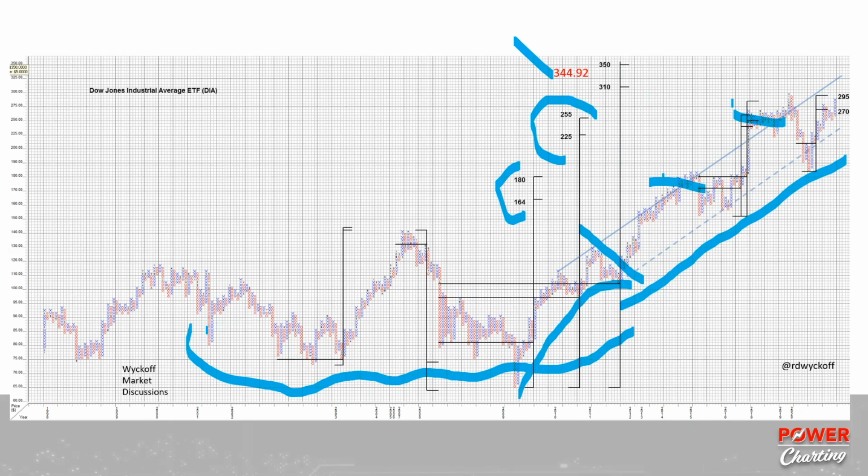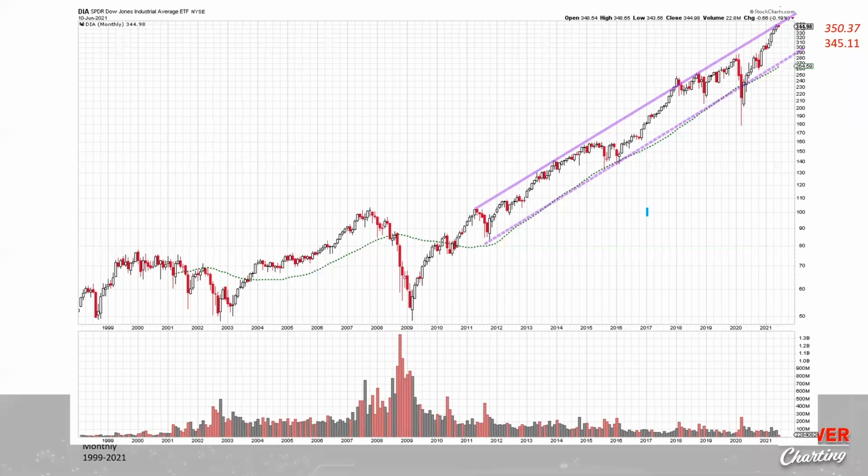So this is a very large count potential, and this demonstrates how you can see in a point and figure chart the incredible potential for really substantially larger moves. So don't think that this necessarily ends the bull market, but it could stop it for a while as reaccumulation sets in.